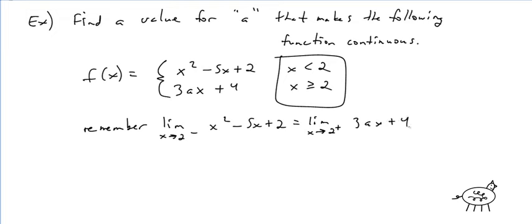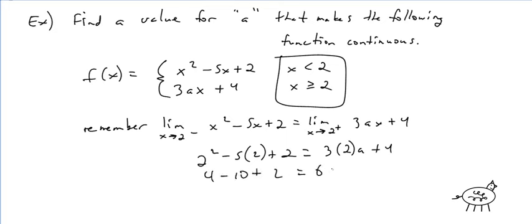I can just do a direct substitution here. 2 squared minus 5 times 2 plus 2 equals 3 times 2a plus 4. So 4 minus 10 plus 2 equals 6a plus 4.